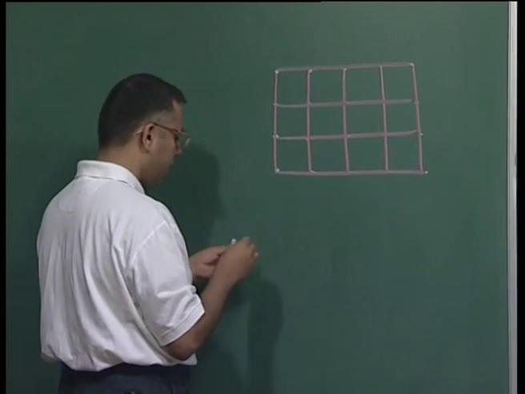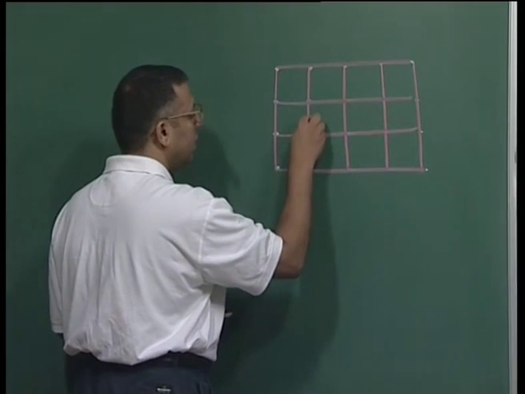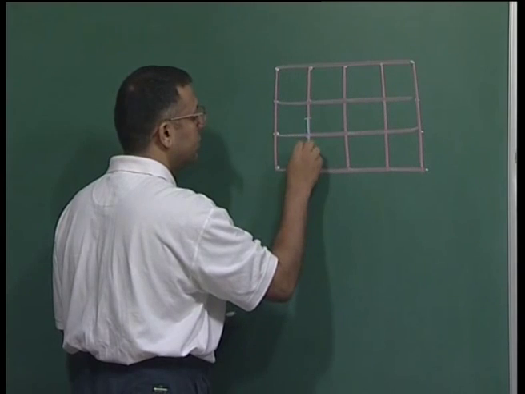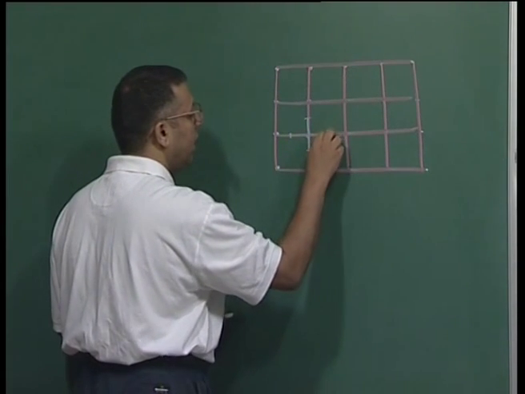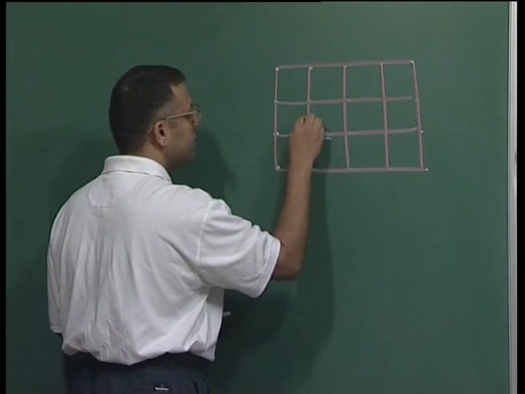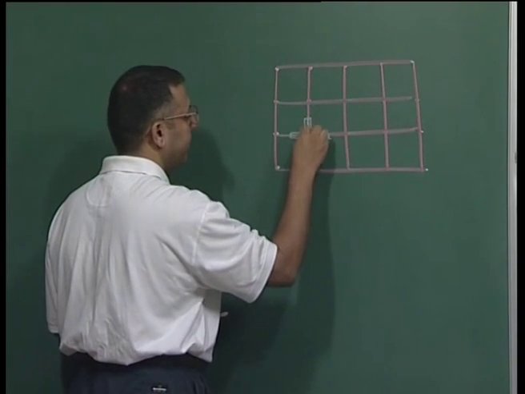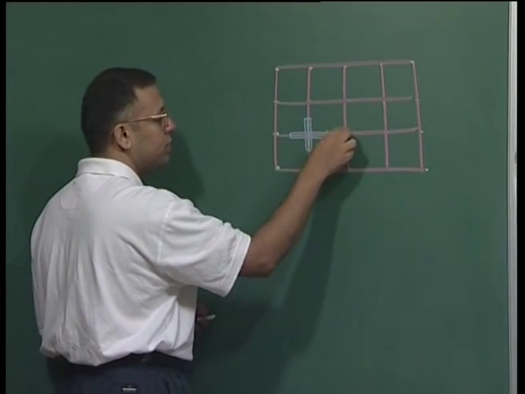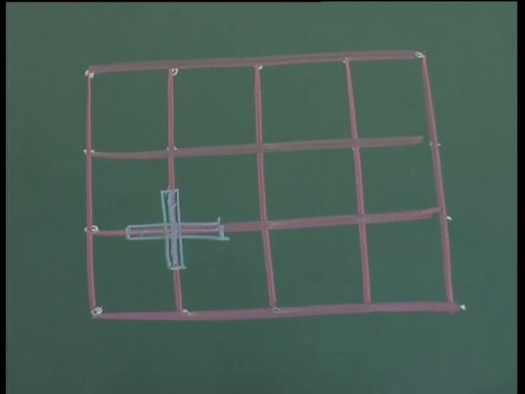So alternately, I could consider a motif which is in the form of a plus. So each lattice point can be decorated with a motif which is this part of the lattice. So at each lattice point I put this plus, which is nothing but intensity of light here.